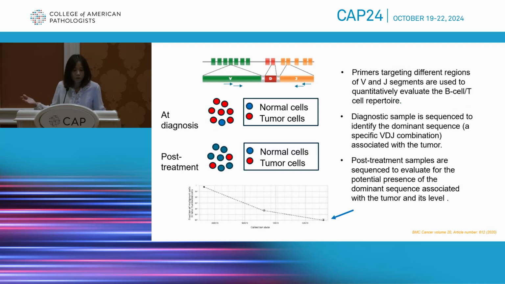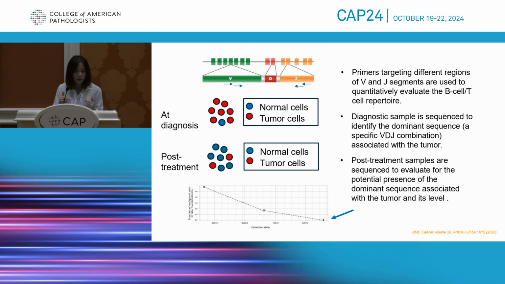So this is how it works. The primers target different regions of V and J. This is from our Genway textbook, the VDJ recombinations, and they can be used to quantitatively evaluate the B cell and T cell repertoire. So at diagnosis, you are seeing a sample with a very high percentage of tumor. So then you could identify that one sequence is associated with the tumor.